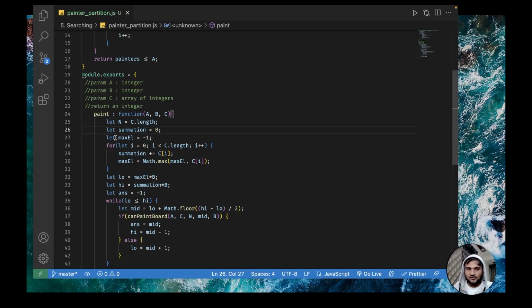So if you start with -1, this is the minimum possible value, and whatever the next value is, it will always be greater than that. Then again and again in the loop, you check what was the last greater value and what is the current value, which one of them is the greatest, and then you assign it back to max element. This is a simple maximum check that you can apply.